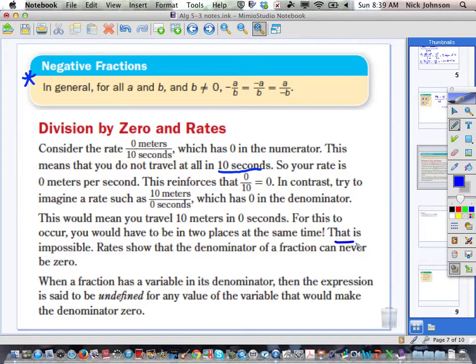This is impossible, which also helps us with why 0 in the denominator is undefined and why it can never be 0. When a fraction has a variable in its denominator, then the expression is said to be undefined for any value of the variable that would make the denominator 0. So we always got to remember that. 0 cannot be in the denominator.